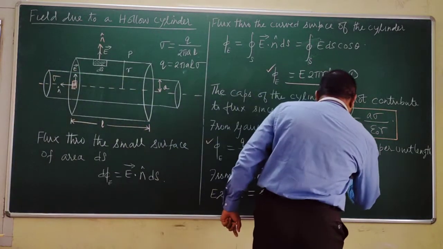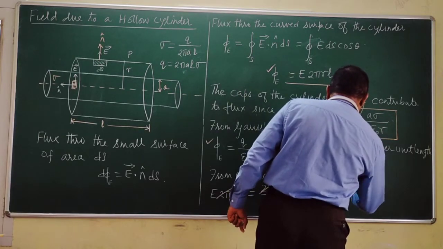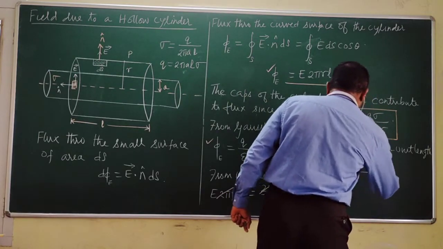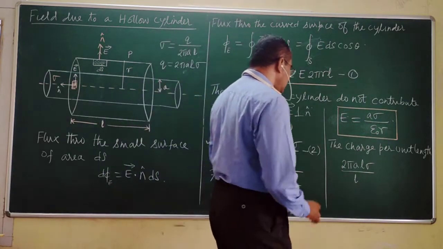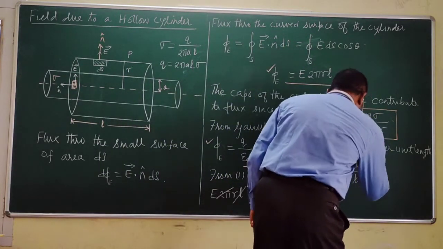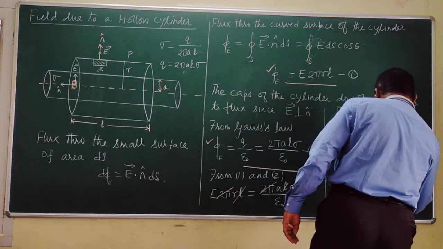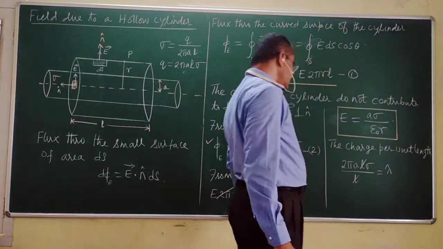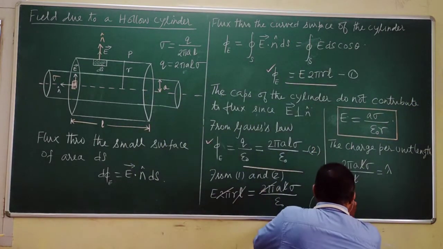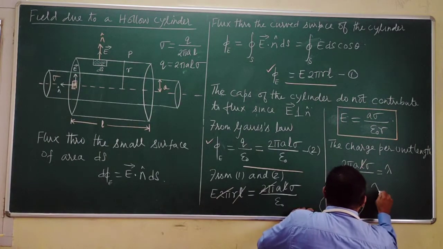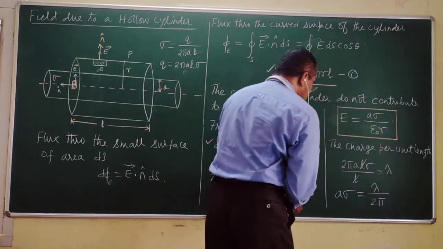Therefore, 2 pi A L sigma upon L. Is that okay to you? If I divide by that, this L will go off. Is that okay to you? This will be charge per unit length, lambda. Therefore, I will write this as A sigma is equal to lambda by 2 pi. Is that okay to you?